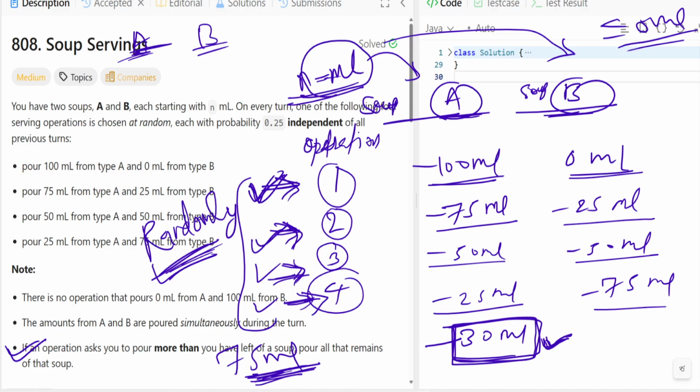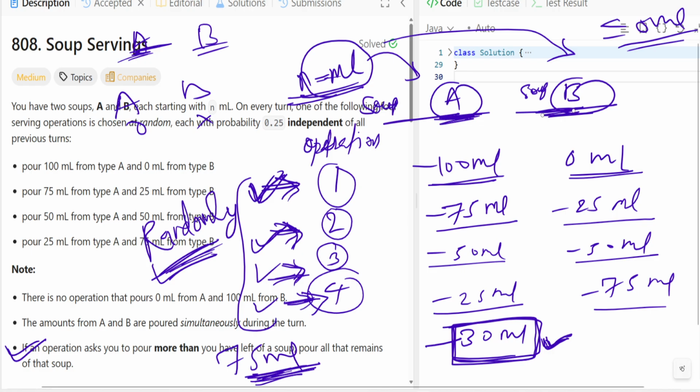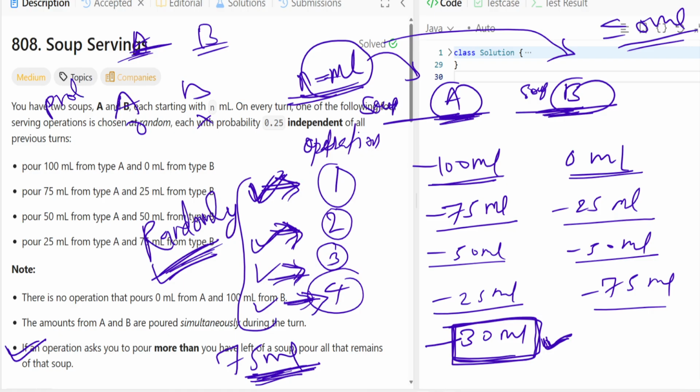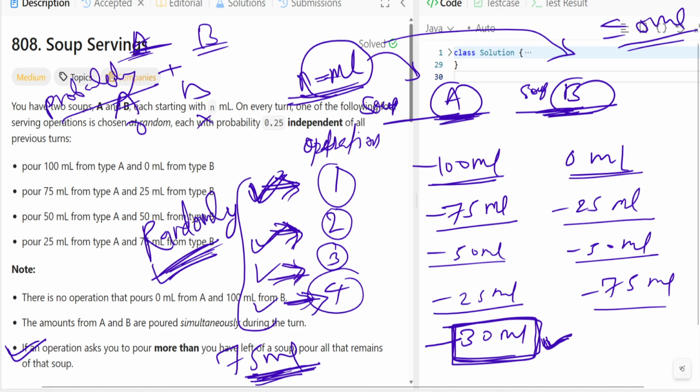Our goal is to return the probability that soup A finishes before soup B. That means A should be 0, and B can be whatever, I don't care. If soup A finishes before soup B, that is the probability we have to take, plus, give me 1 second, let me clean it first.